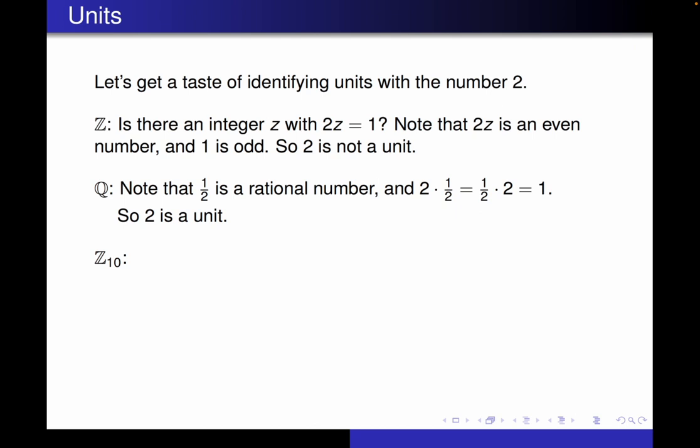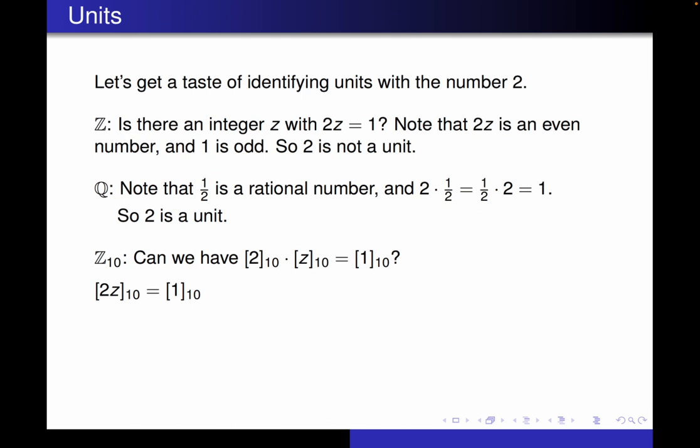What about Z10? Well, in Z10, we're going to have issues, right? Can we have the bracket 2 times bracket z equal bracket 1, where z is some integer? Can we multiply 2 congruence classes together to get the congruence class of 1? Well, let's see. If I multiply the congruence class of 2 times the congruence class of z, you get the congruence class of 2 times z.